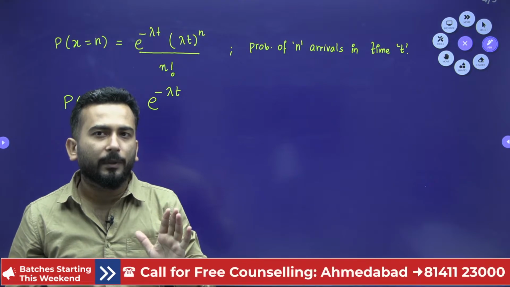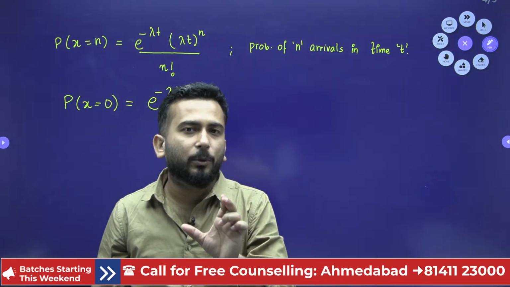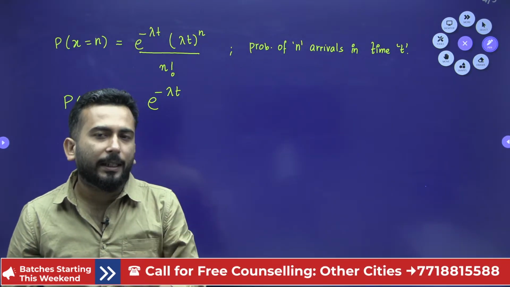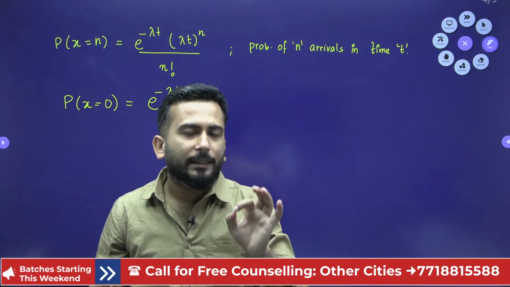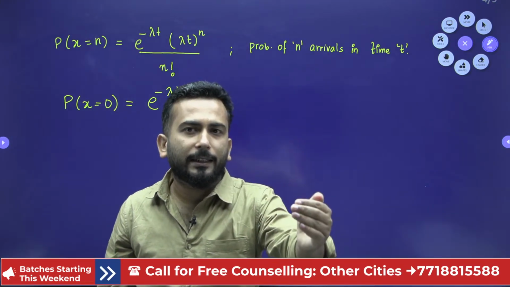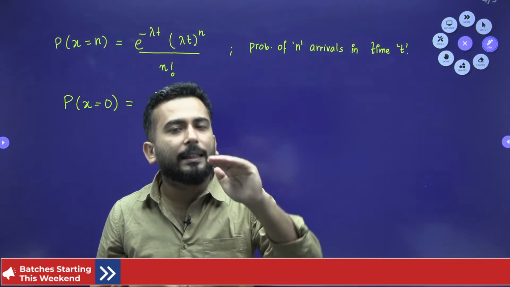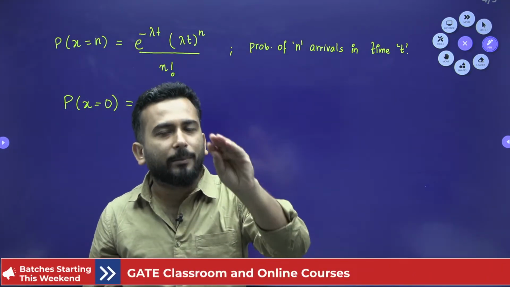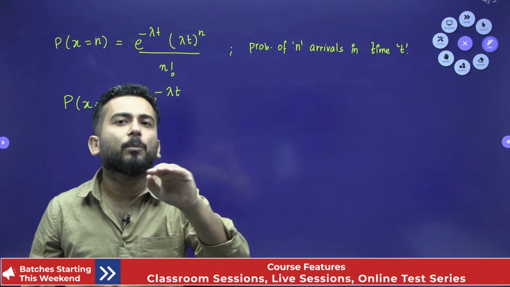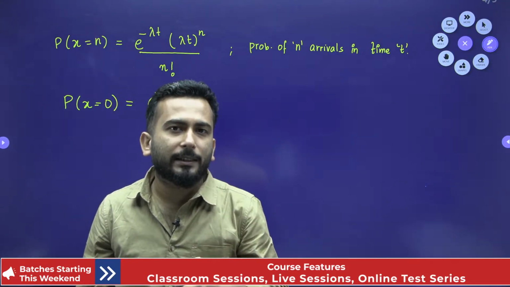Yes or no? Are you able to understand this concept or not? I repeat again, if there is 0 arrival in the next 10 minutes, it means that the next arrival, whatever time it is going to take, will be more than 10 minutes.